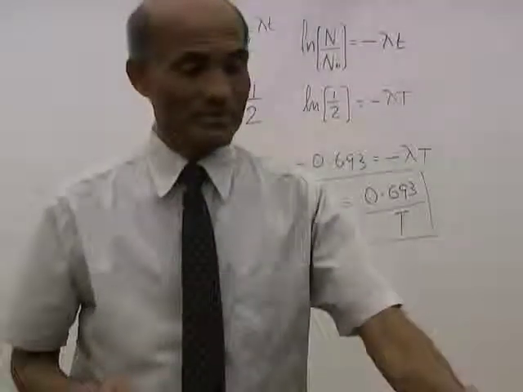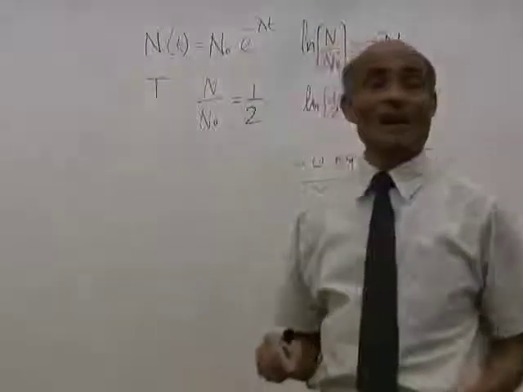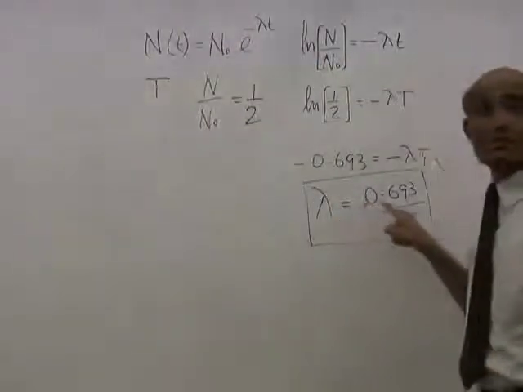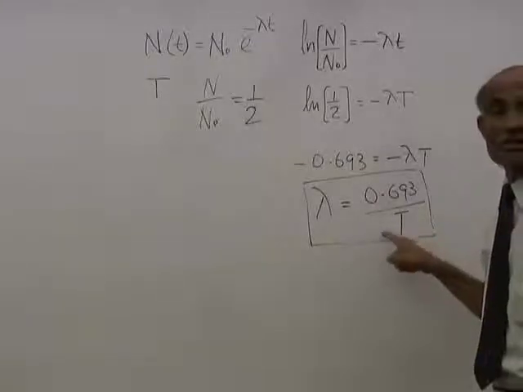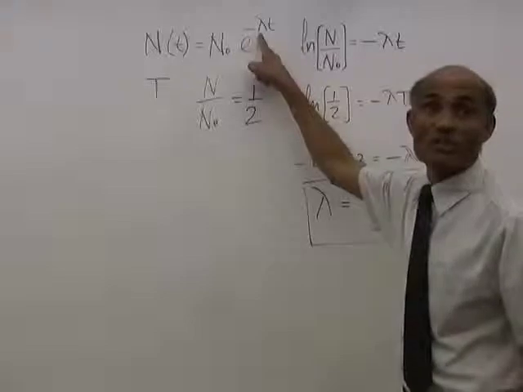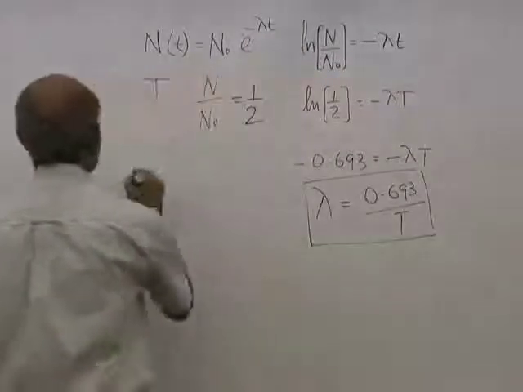Now, that can be used to modify this equation. How will we do that? I can now use lambda equal to 0.693 divided by the half-life period in this equation, and I can rewrite it like this.